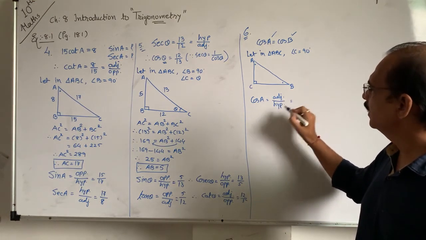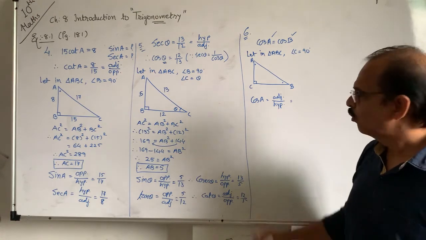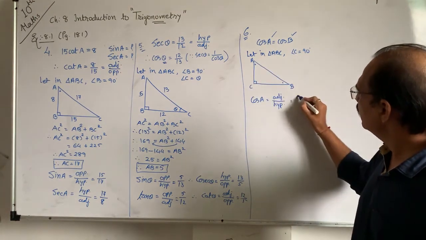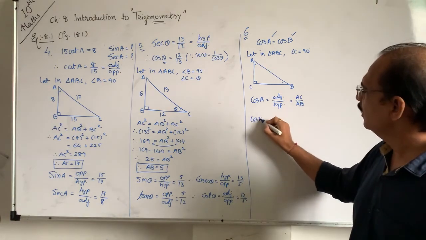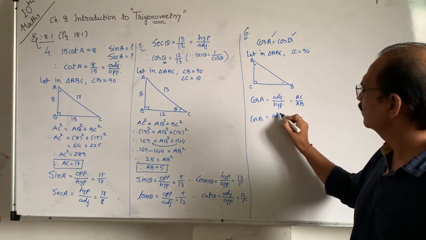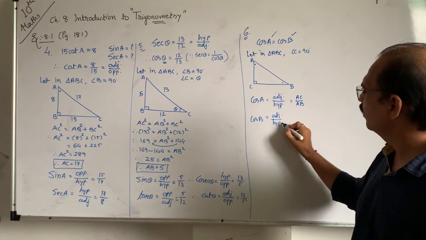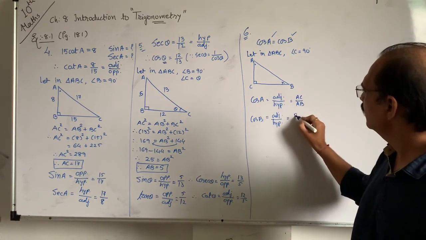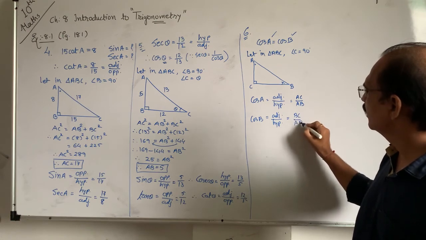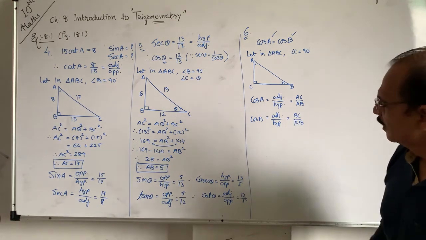Now here we select angle A. For angle A, adjacent is AC and hypotenuse is AB. What about cos B? The formula remains the same, adjacent upon hypotenuse. But for angle B, adjacent is BC and hypotenuse is AB. Right?